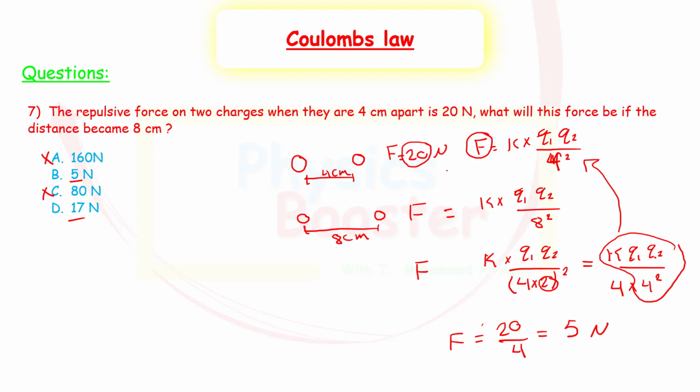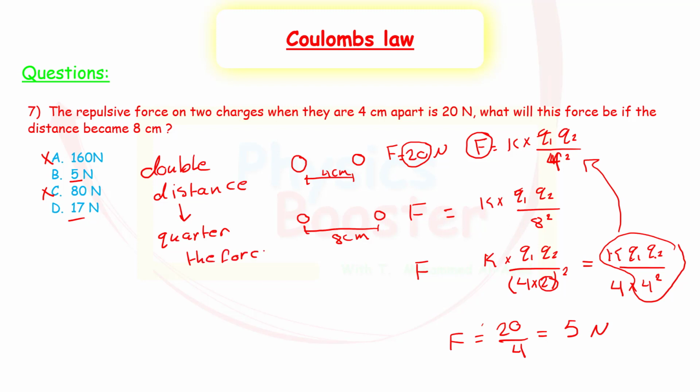Actually, we don't need to do all that, but I needed to do it in numbers the first time. But we can memorize this. If we double the distance, this will always give us a quarter of the force.